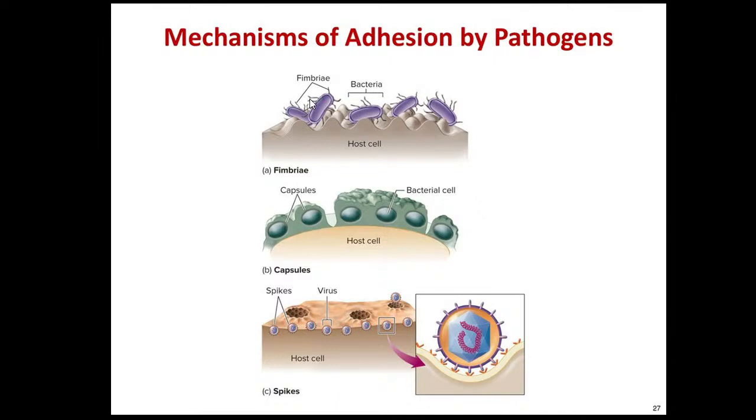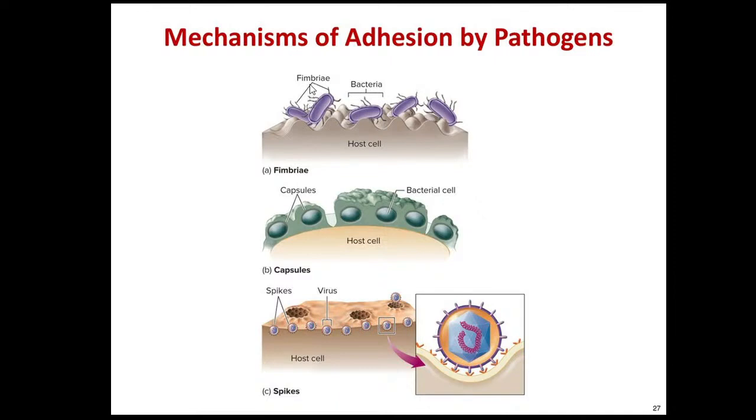So then, apart from Vibrio pili, for example, if we have some microbe that is not pileated, without pili, it may still adhere to some surfaces with the help of the capsule.